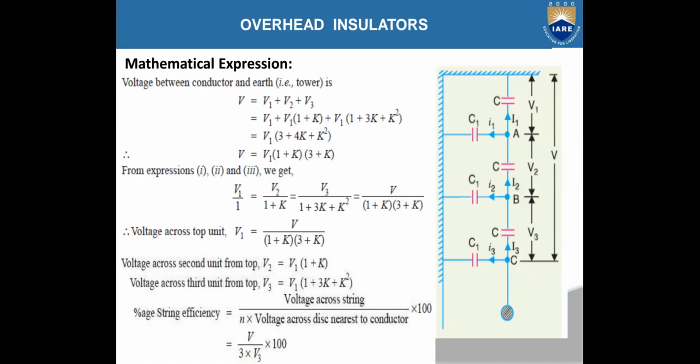Then we discussed the different types of insulators, the properties of insulators, and the materials used for them. After that, we discussed the string efficiency for suspension type insulators, how you can calculate it, and we developed the mathematical expression for determining the string efficiency for suspension type insulators.